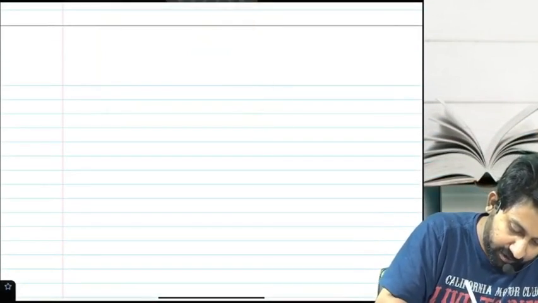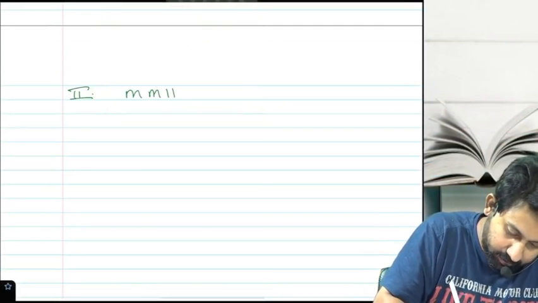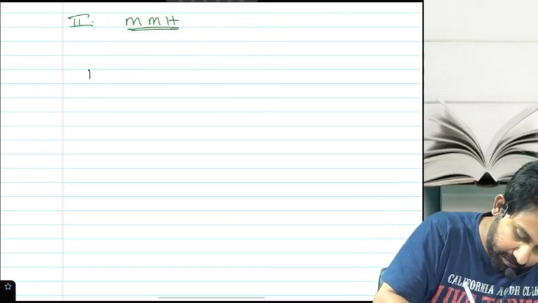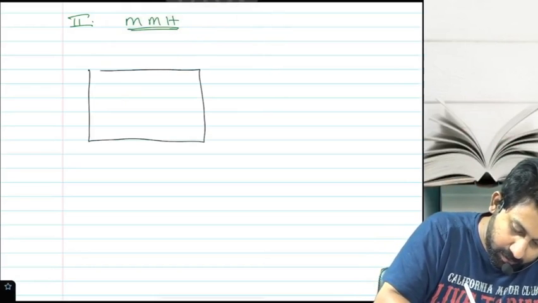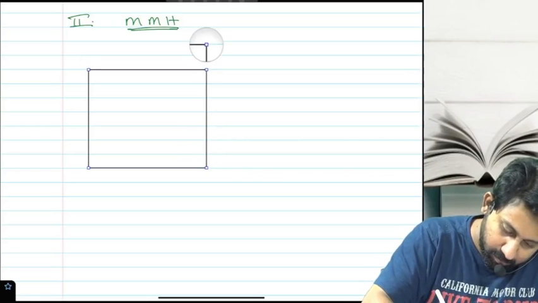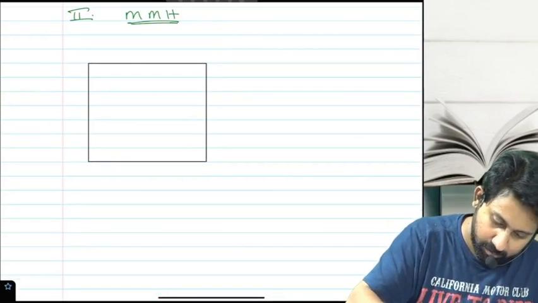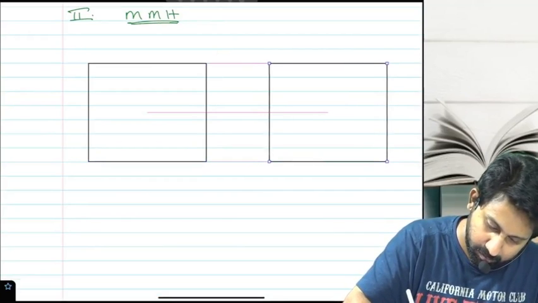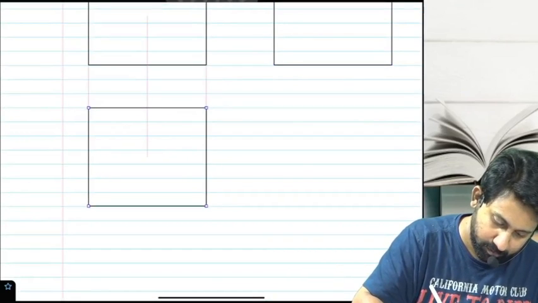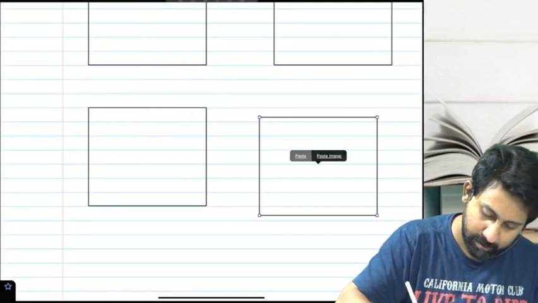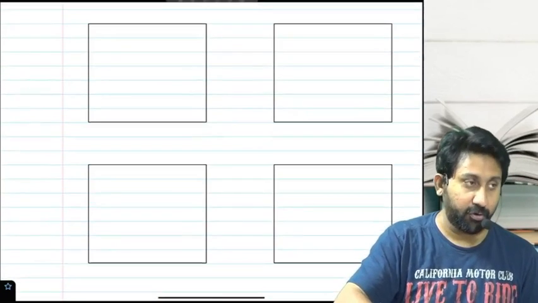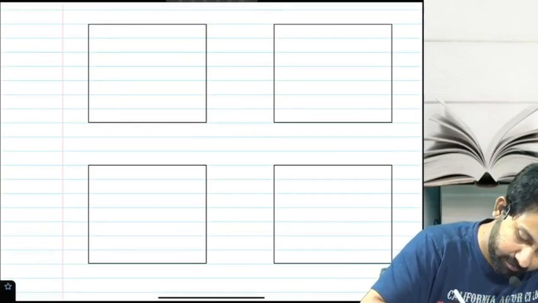So this is the first part, if you go by a forward cover. Next, money market hedging. Again, we have payable, receivable. Okay, 4 boxes.